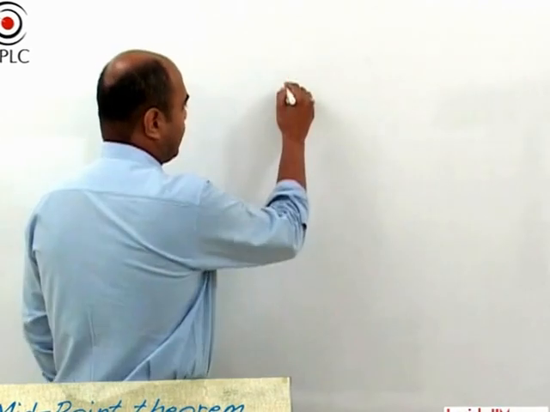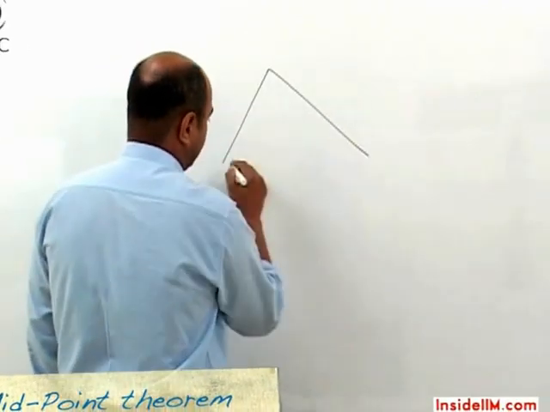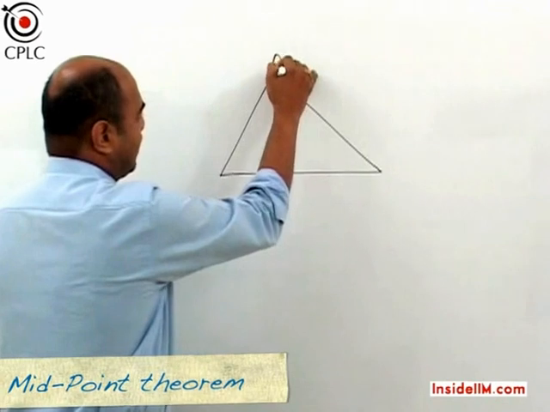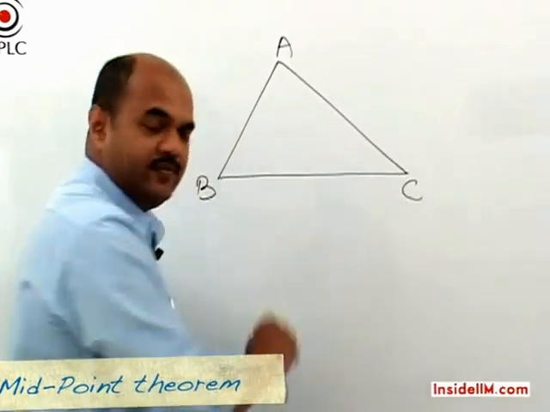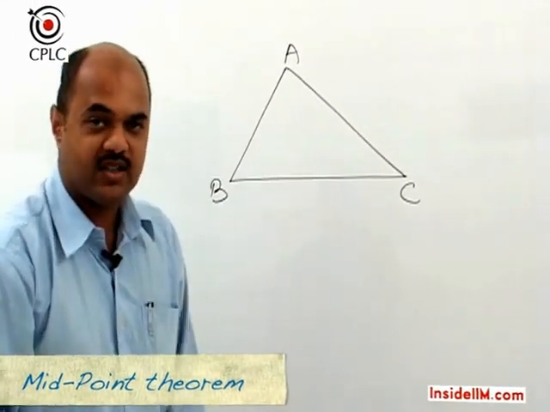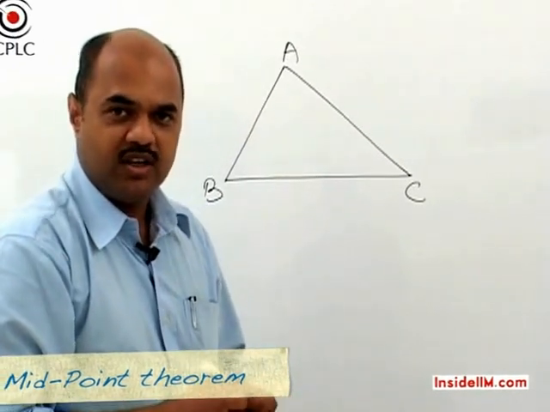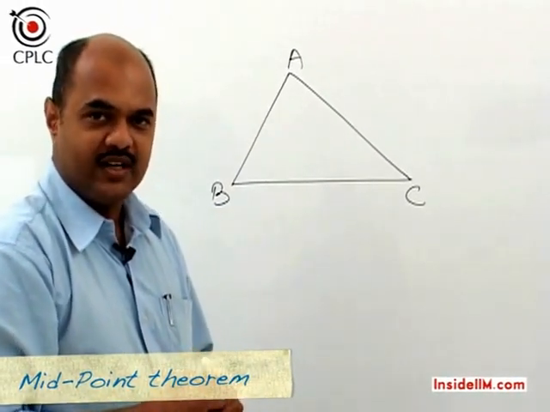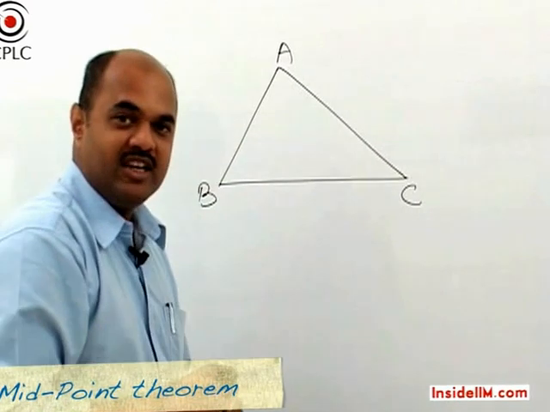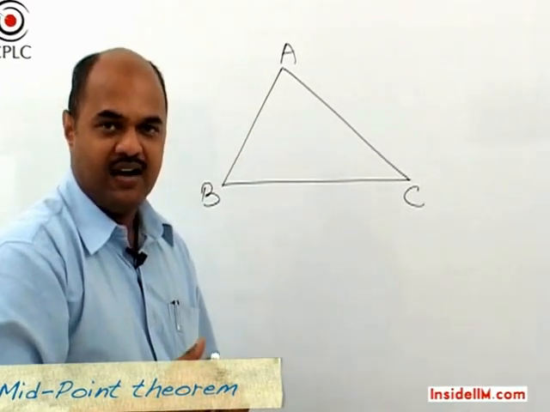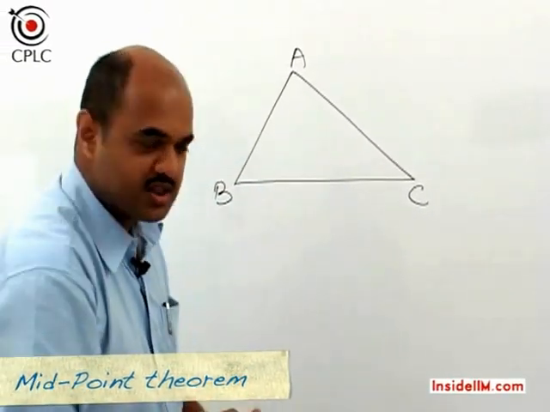Now what does the midpoint theorem really say? Once again, if we start with a triangle ABC, then the midpoint theorem states that the line joining the midpoints of two sides of a triangle is parallel to and half of the third side. What does this mean?